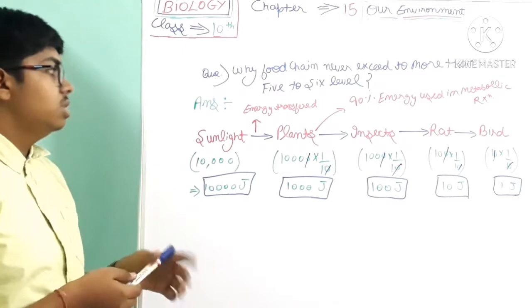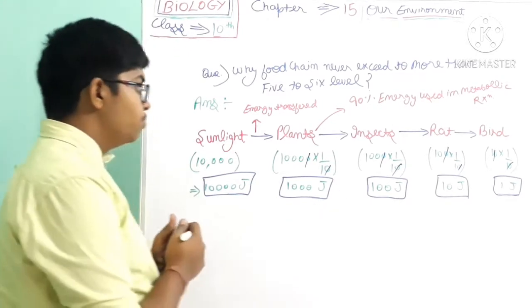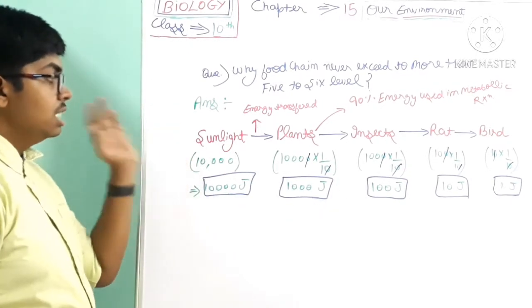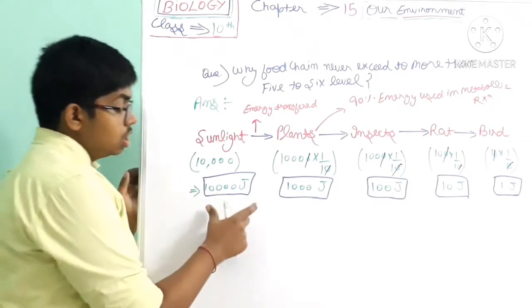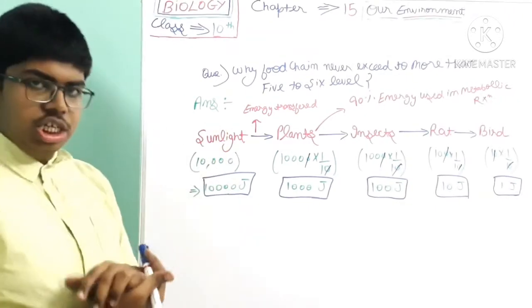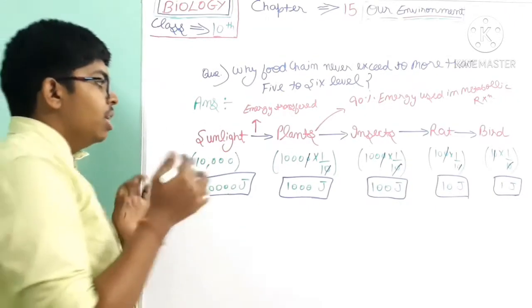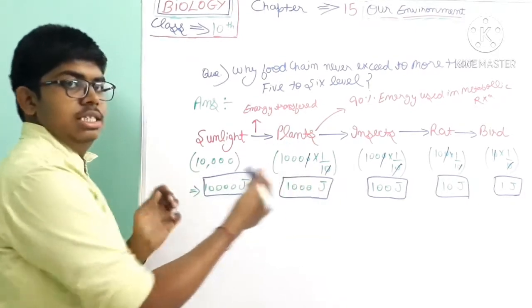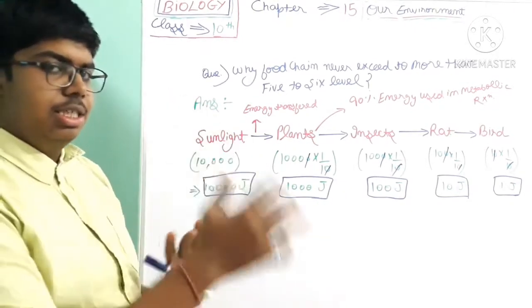Now see the example I have drawn for you. From sunlight, 10,000 joules of energy is available. It is transferred to plants, but only 10% of it, 1,000 joules, is transferred.